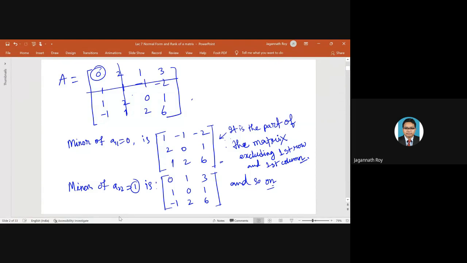So minors are not the determinant. Minors are the part of the matrix for which we are trying to find out. So for A11, this is the minor. And if the minor is in square form, then we can find the determinant. Okay, so this is one piece of information I wanted to convey to you.